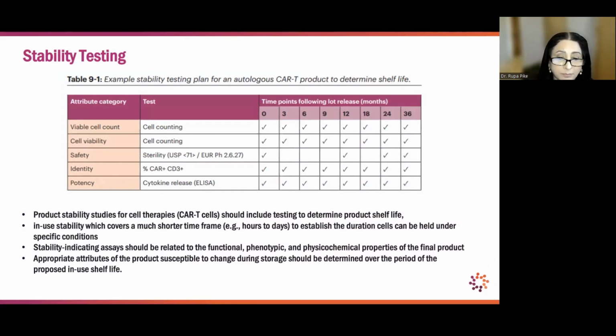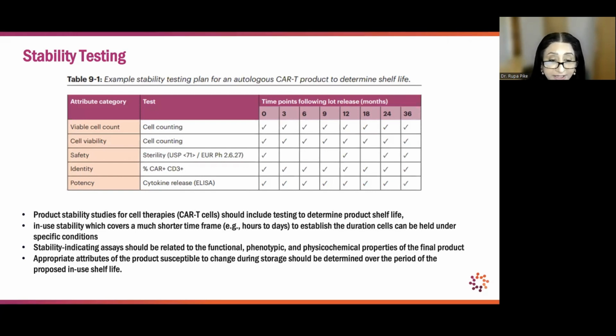So we have to talk a little bit about stability testing, because stability testing is very different for cell-based therapies. Since cell therapies are what's called living therapeutics, with the final product being viable cells, stability testing is very critical.